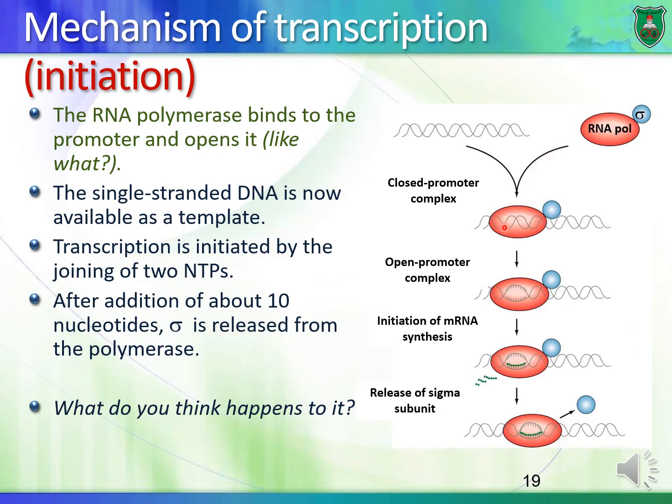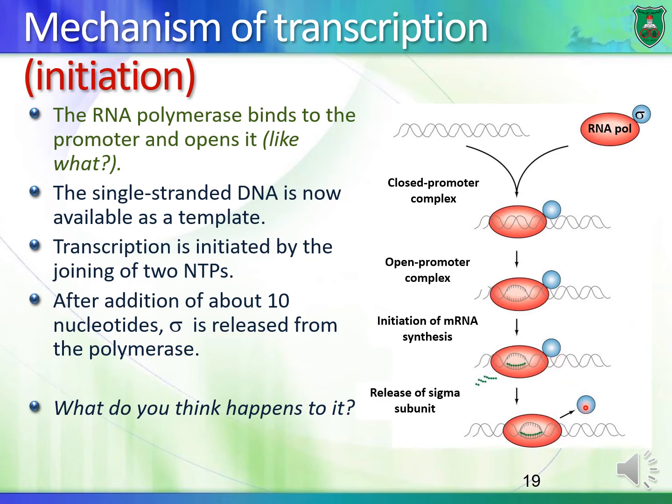When it finds the promoter, it forms a complex known as the closed promoter complex. The RNA polymerase in bacteria opens up the two strands and starts synthesizing RNA. As it moves forward a bit, as it synthesizes the first 10 nucleotides of RNA, the sigma subunit is released.